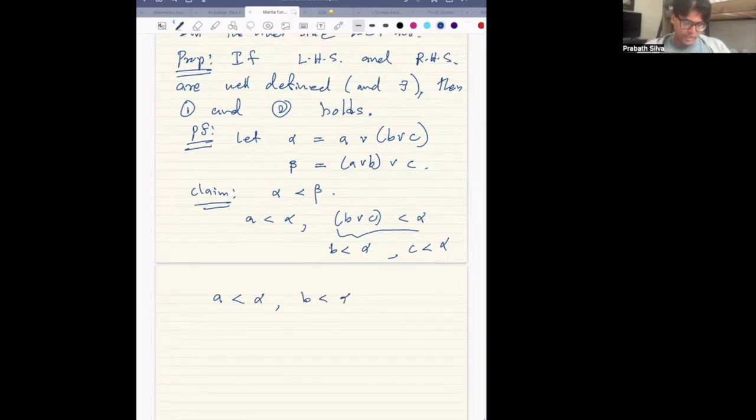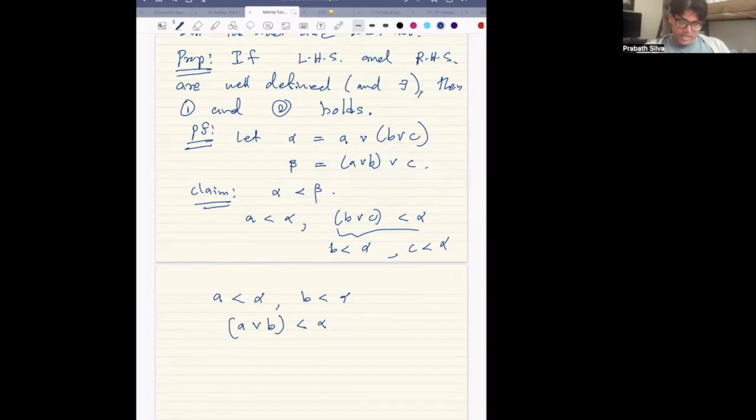And then you look at A union B. So A union B is the smallest upper bound, and alpha is an upper bound. So for both these, we have this.